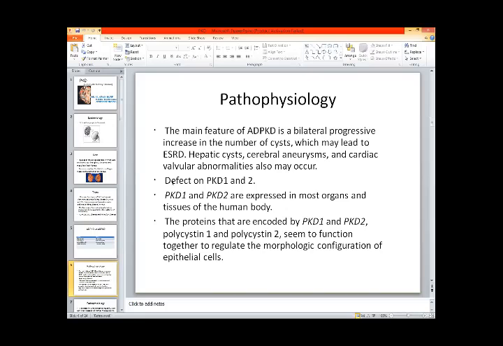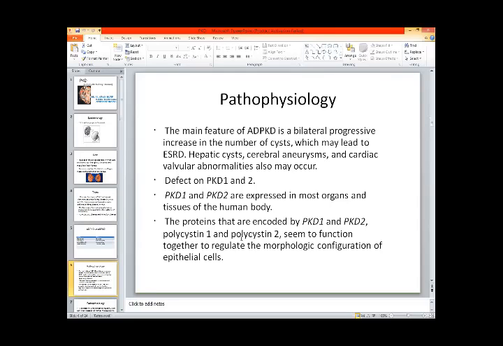Two defects are usually present in the genetics, which you are learning. The defects in polycystic kidney disease are in gene 1 and gene 2. PKD1 and PKD2 are expressed in most organs and tissues of the human body. The proteins encoded by PKD1 and PKD2, polycystin 1 and polycystin 2, seem to function together and regulate the morphological configuration of the epithelial cell.